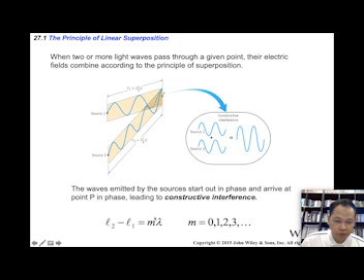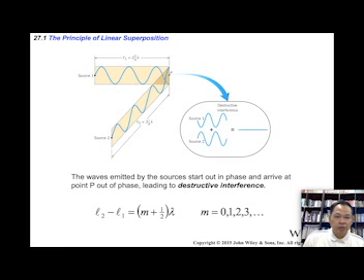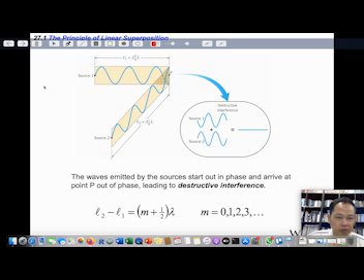So every time you can find lambda, and m could be 0, 1, 2, 3, and so on. But you can see another case. You have the first source and the second source, and they have different wavelengths. You can count this one, 1, 2, and this is not 1 but 2/4.